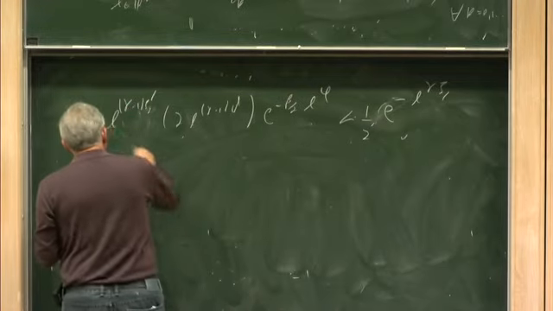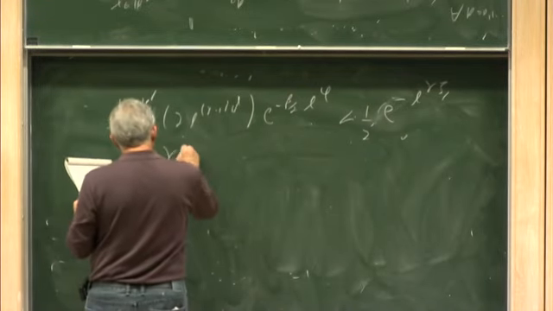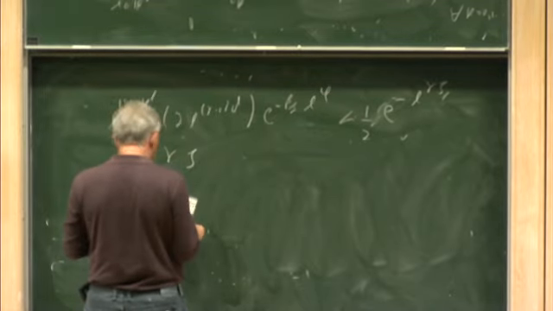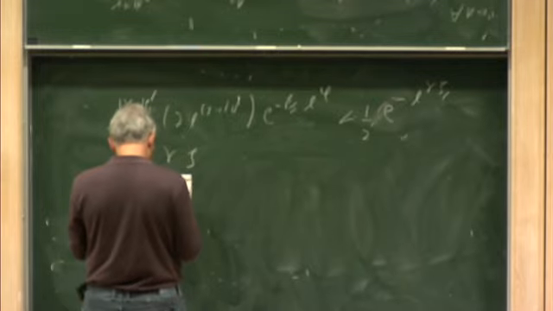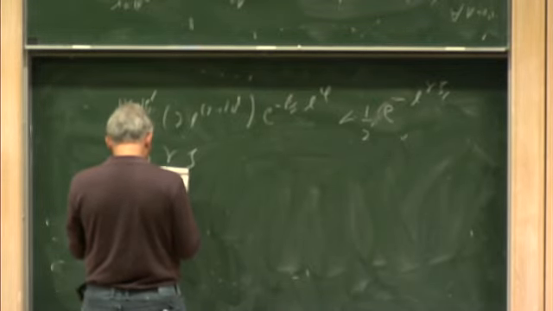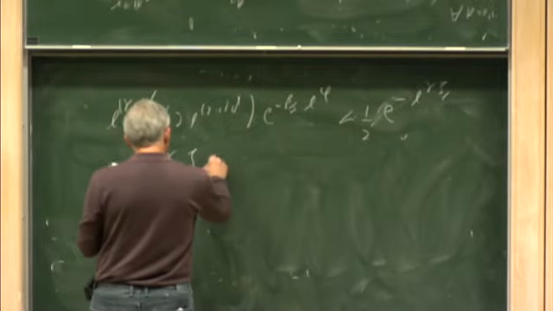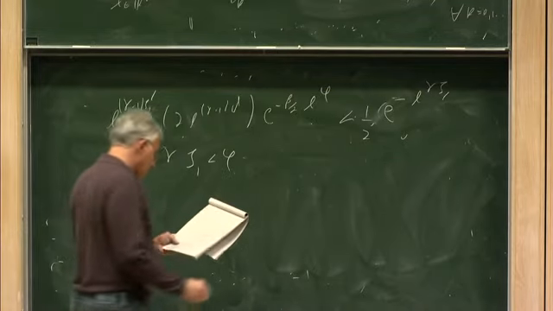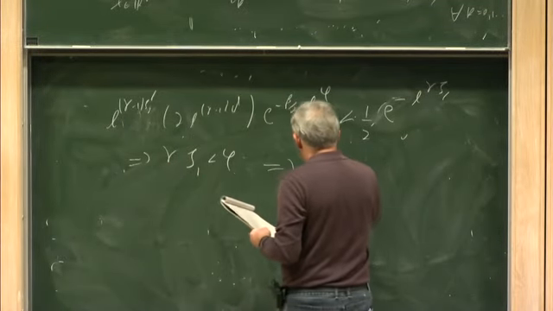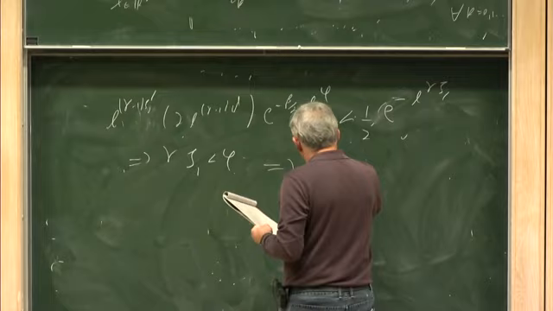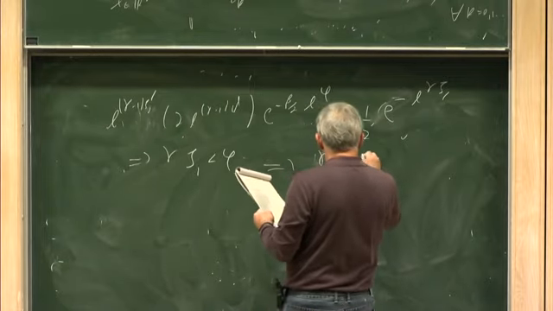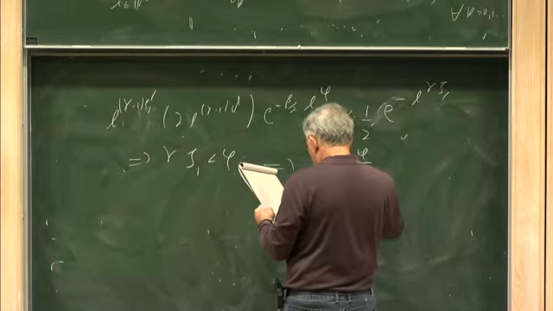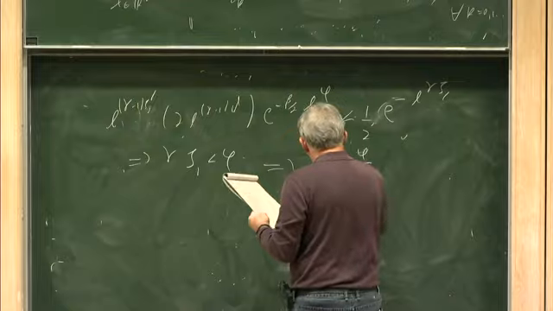This actually stipulated doesn't matter. It tells me that gamma zeta 1 has to be less than phi. So actually, the gamma I need to take is smaller than phi over zeta 1.